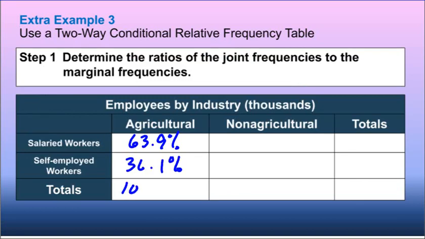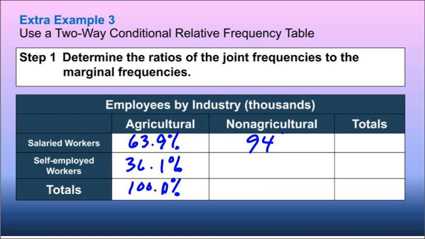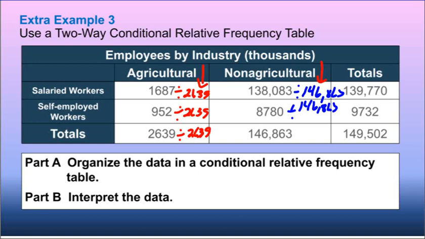And the total should be 100% down here. And we don't want that to be more than 100%. So when you're talking about just all agricultural, they should add up to 100%. Now the non-agricultural, we would take the 138,083 divided by 146,863 multiplied by 100, you would get 94%. And then we'd have 8780 divided by 146,863 multiplied by 100.